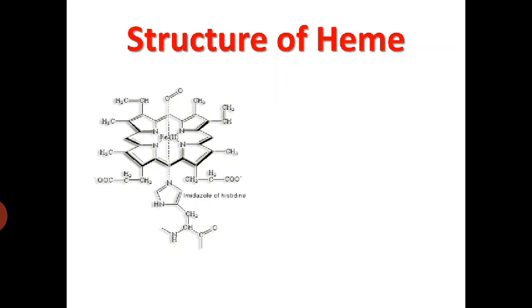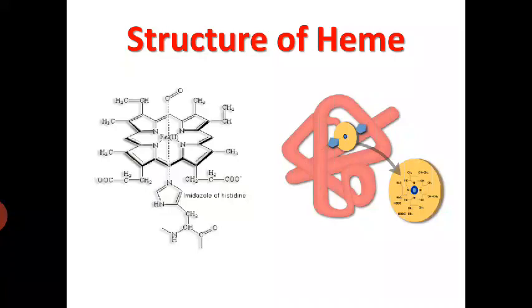The fifth coordination site is attached to the nitrogen of imidazole of histidine that comes from the protein chain. Then the sixth coordination site is vacant. In this picture it is already shown bound to oxygen, so the sixth position is for the oxygen molecule.